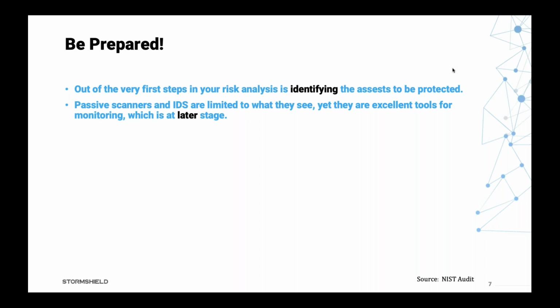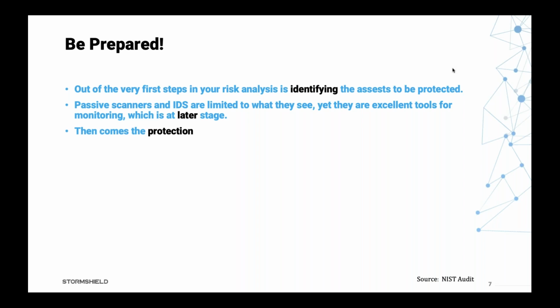You can't have an agent installed in each connected device inside your plant to have a full inventory view and full information about each and every asset. That's a problem. It doesn't mean that passive scanners and IDS are not important. No, they are very essential, but at a later stage, when you are providing some kind of monitoring.